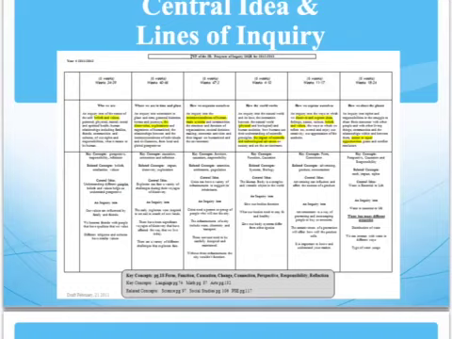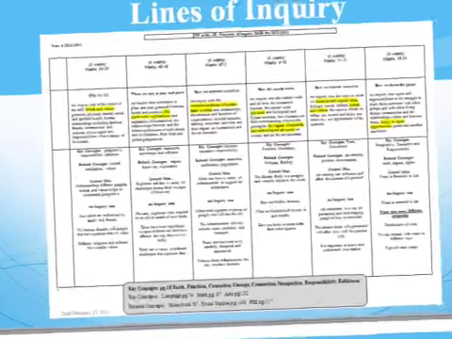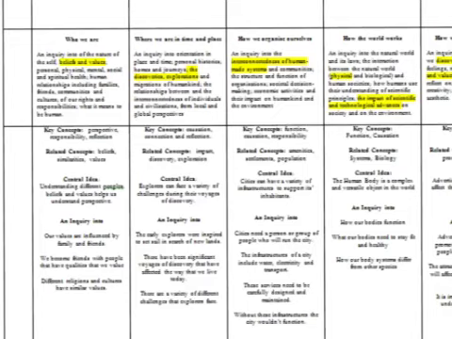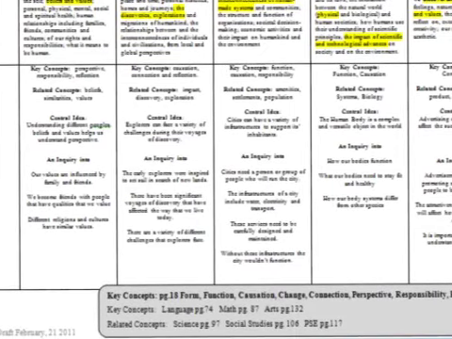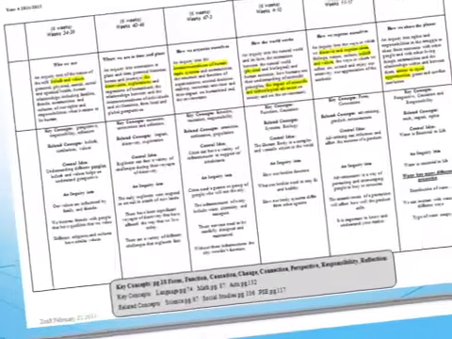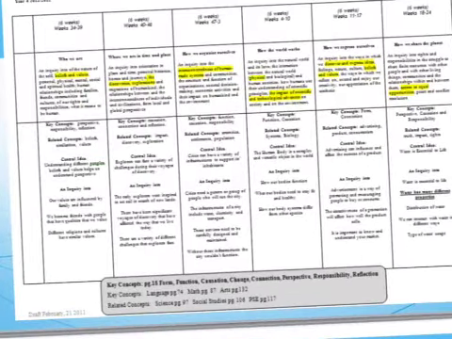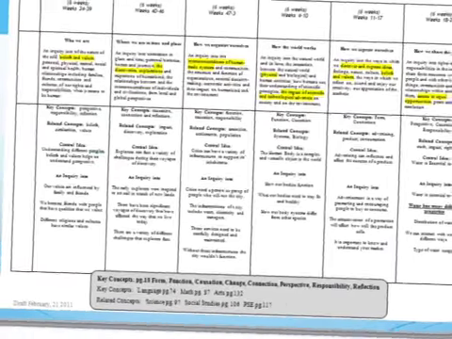So, for example, if I had a look at the second unit of inquiry here, where we are in place and time, the central idea says that explorers can face a variety of different challenges during their voyages of discovery.